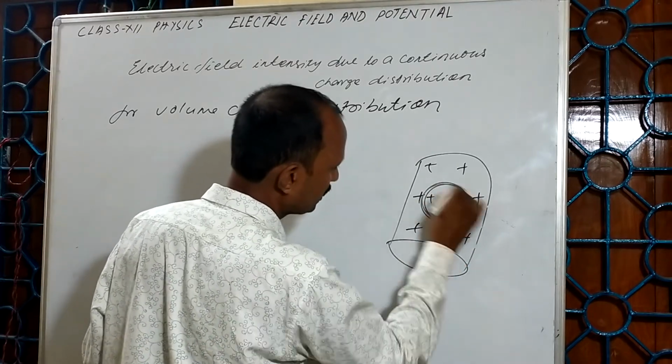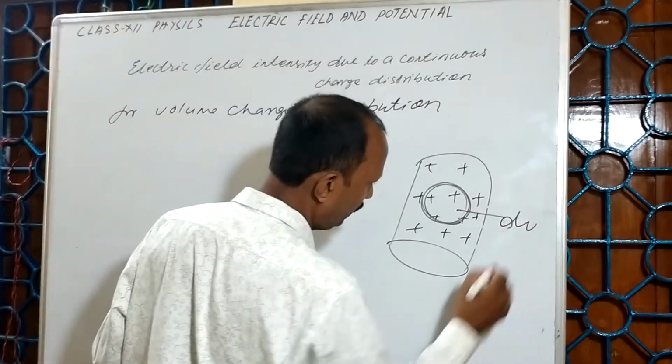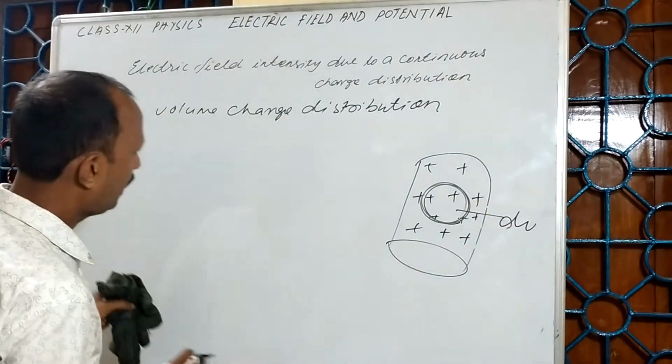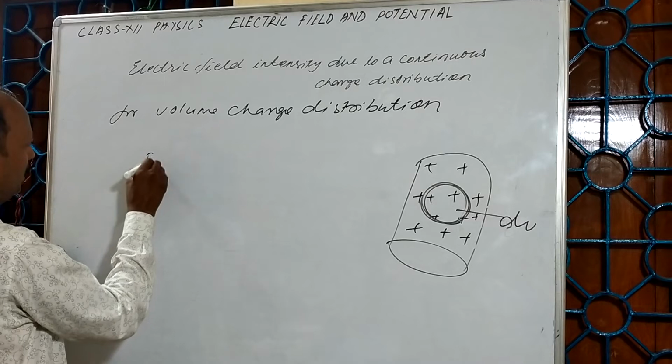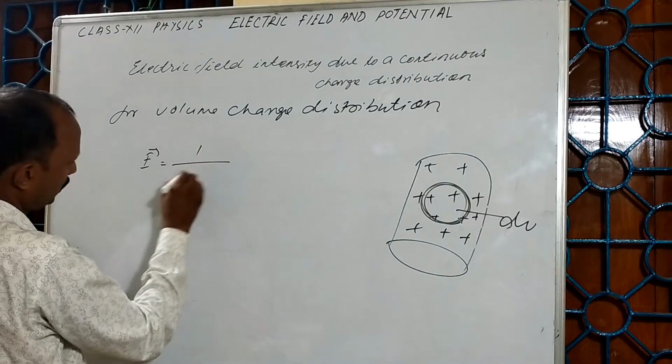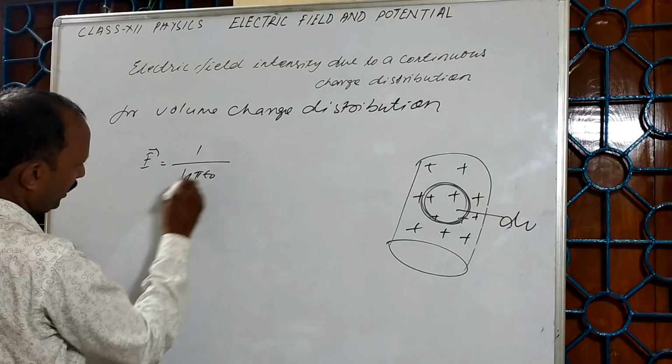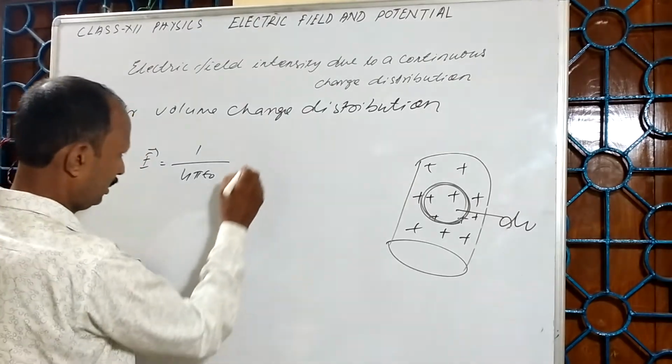So I am taking one small element where the volume is dV. Then I can say the electric field intensity is equal to 1 upon 4 pi epsilon naught.